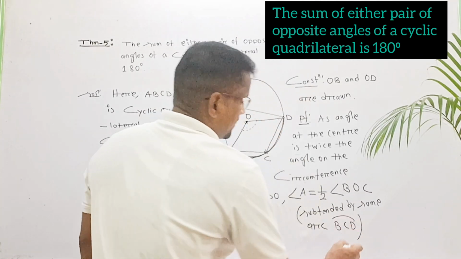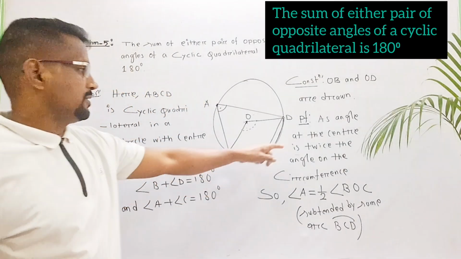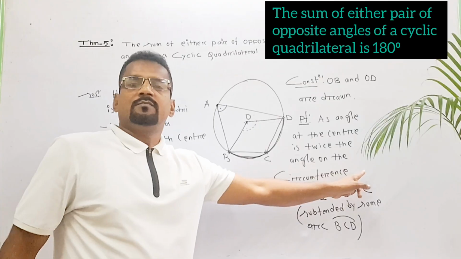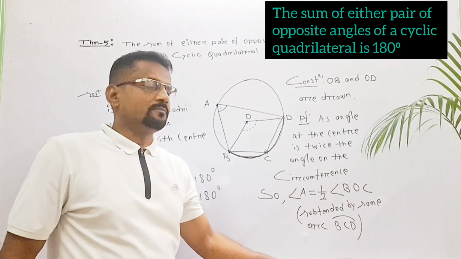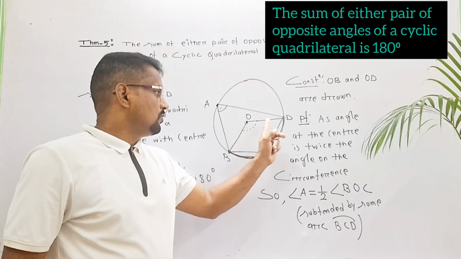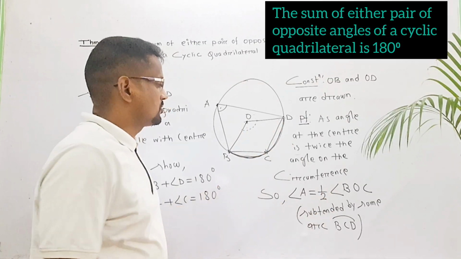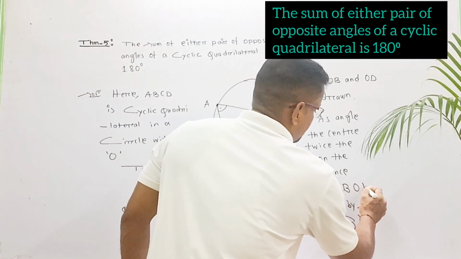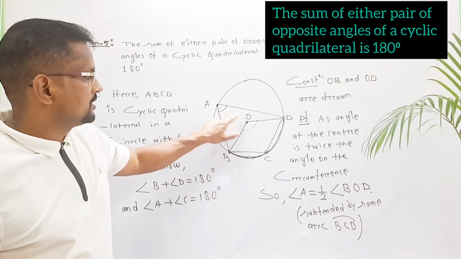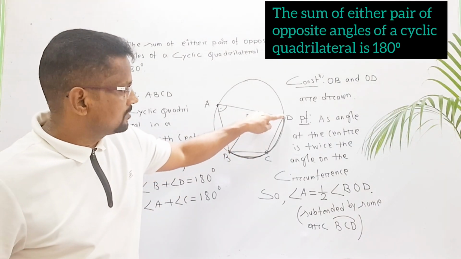This is the symbol of arc. So here also you can write: the angle at the center is twice the angle on the circumference subtended by the same arc. That condition is required here. So angle A is half of angle BOD, because these two angles are subtended by the same arc BCD.